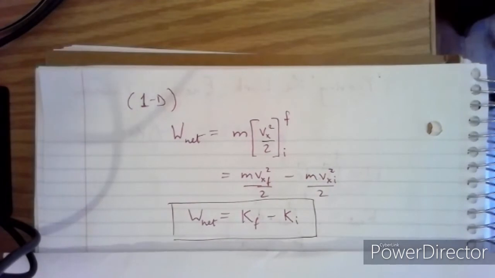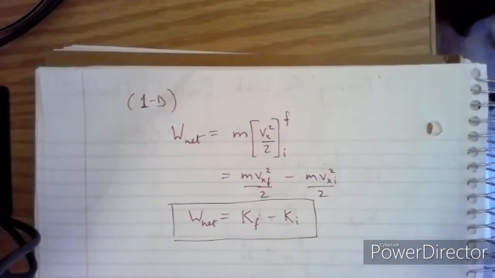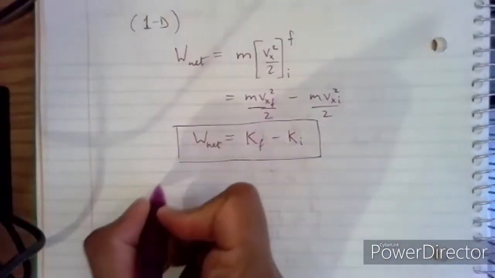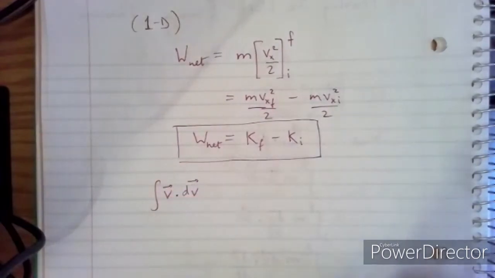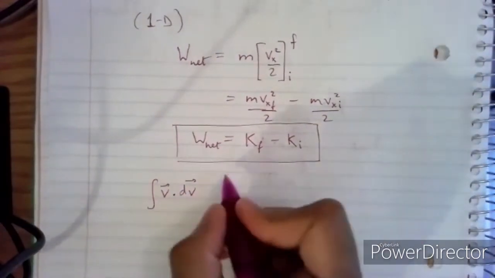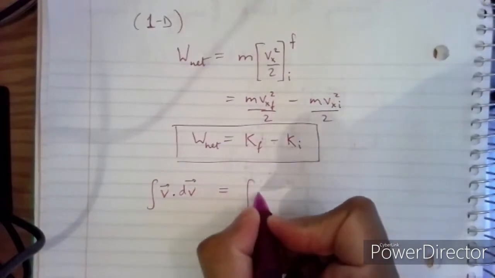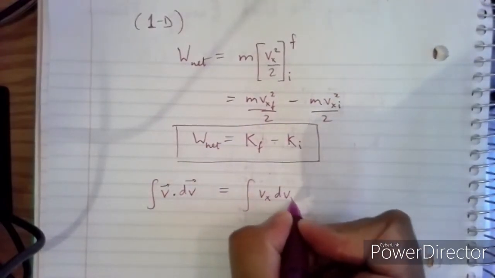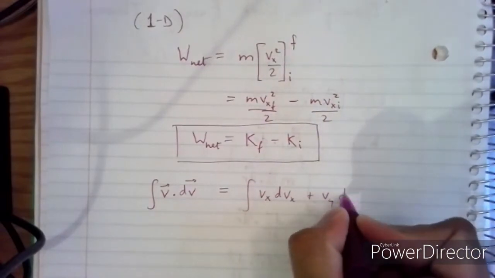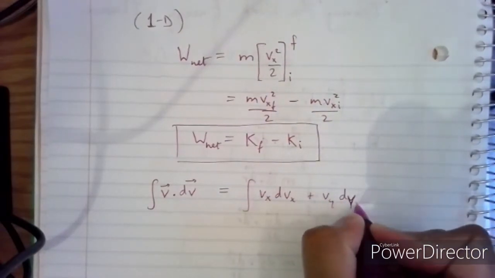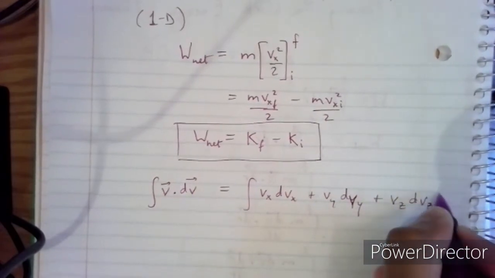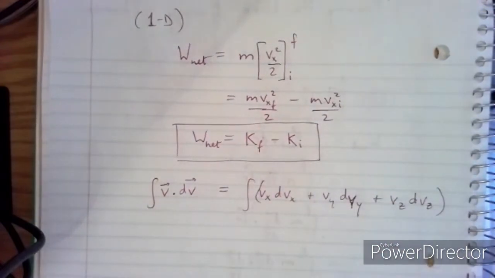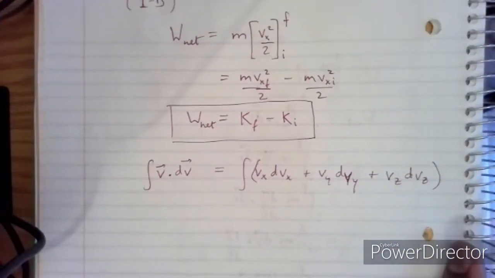Brief note, how would we do the 3D case? So there we would have the integral of v dot dv, but that is the same as the integral of vx dvx plus vy dvy, whoops, plus vz dvz, right? I'm just doing the dot product of the v vector and the dv vector.